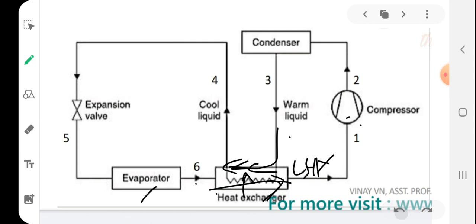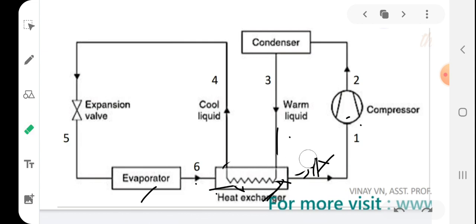So heat is added to this side, because the warmer liquid from the condenser rejects heat to the cooler vapor flowing from the evaporator.